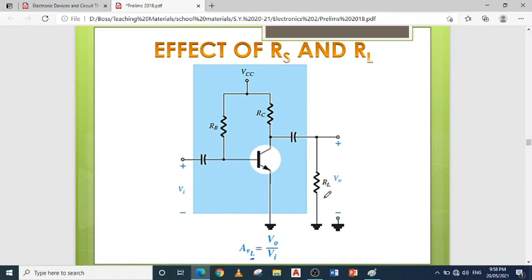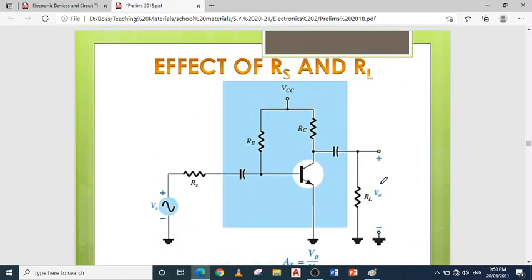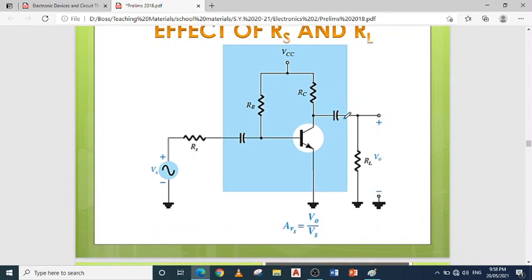Okay? And then, next one is in the presence of RS naman. So, kapag kinuha naman natin ang overall gain na to, hindi na dito yung magiging reference natin, kundi doon yung input voltage which is the Vs. Okay, stands for source, and the source is the source resistance which is in series doon sa base natin.